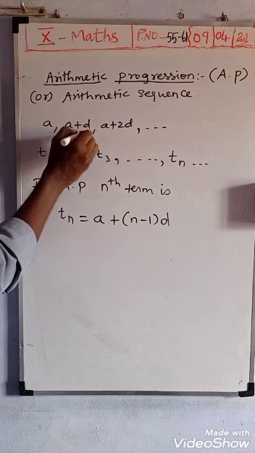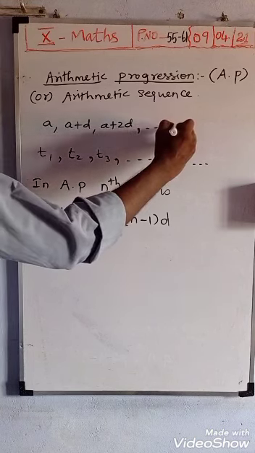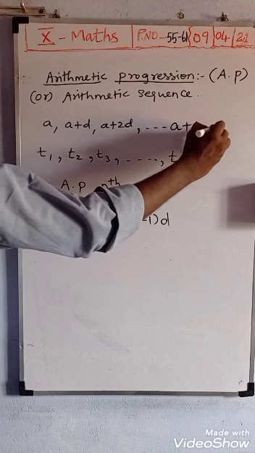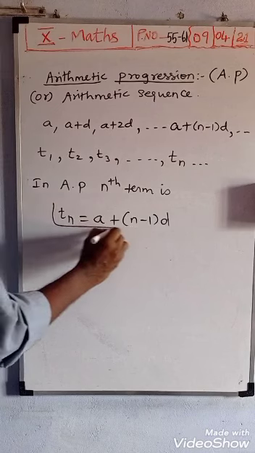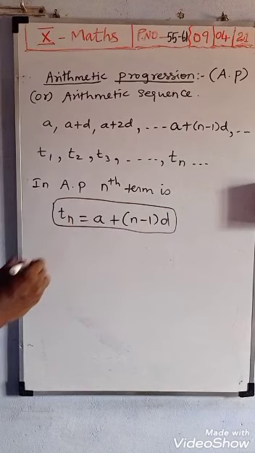So a, a plus d, a plus 2d, up to etc., a plus n minus 1 into d. This is called the nth term.